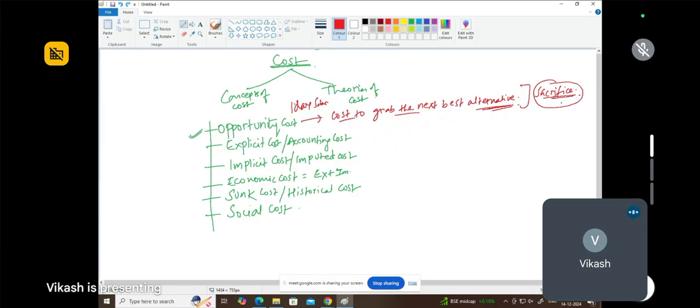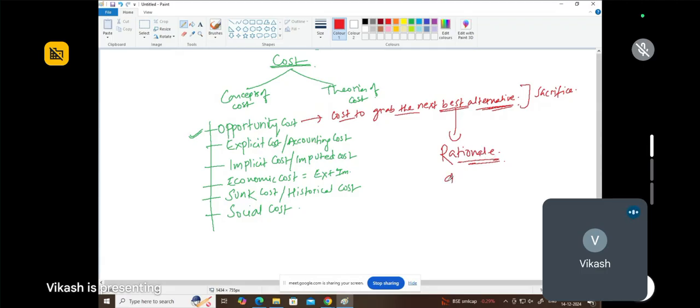Okay, class. So you can use this concept in any aspect of your life, where you see you are doing something and at the same time you are sacrificing something every time, and that sacrifice is the cost to grab the next best alternative. Now the question is whether what we are achieving is best in nature. Do we know that this is actually the best? Yes, as we can say, we all are rational human beings.